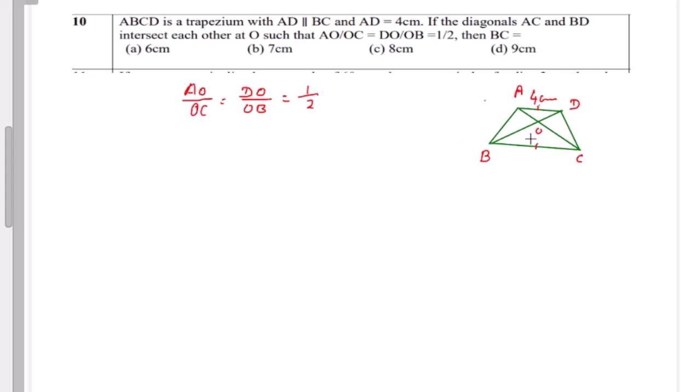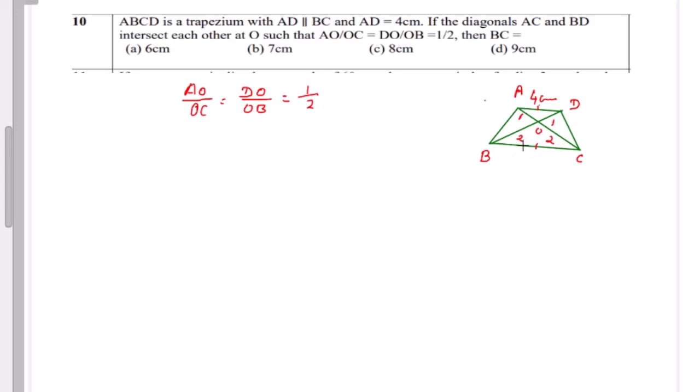So AO by OC is in the 1:2 ratio, 1/2. So here OA will be 1 and OC is equal to 2. DO by OB is equal to half, so DO is equal to 1 and OB is equal to 2.